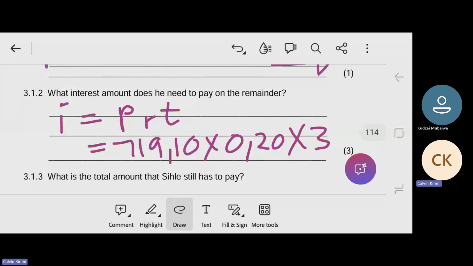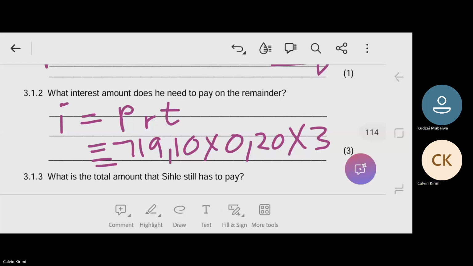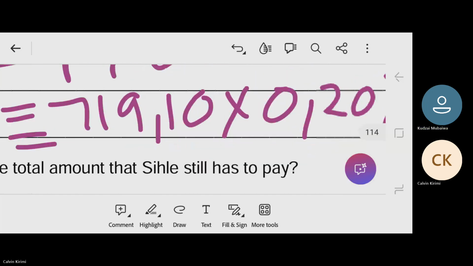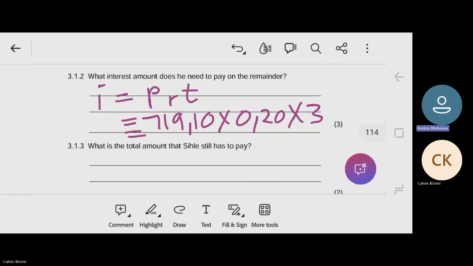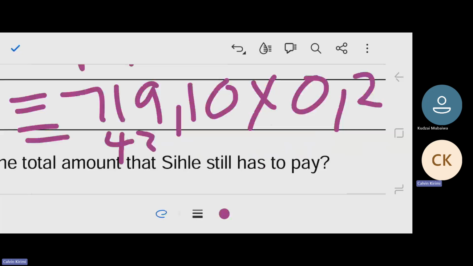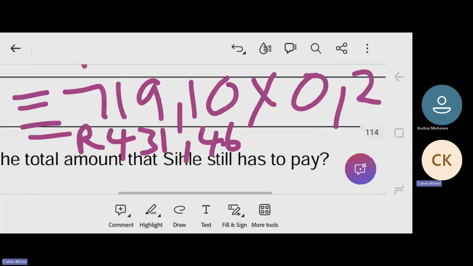What answer are you getting? 431.46. Don't forget rands. The rands are important, isn't it? It's money. So interest is R431.46.